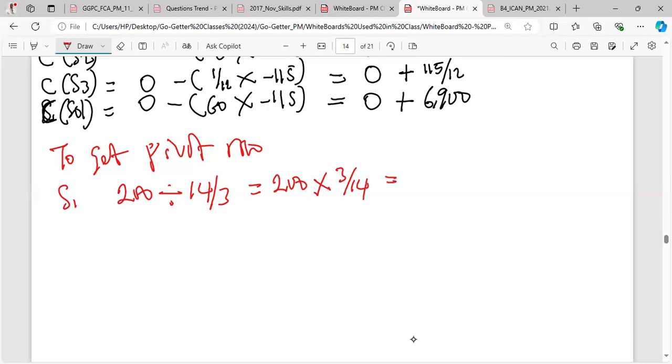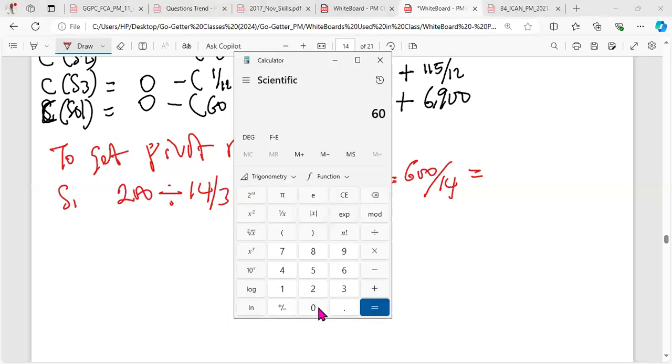So this is going to give you 3 times 200. This is going to give me 600 over 14. So let's see, 600 over 14. Let's see what it's going to give me. 600 divided by 14 will give me 42.86.